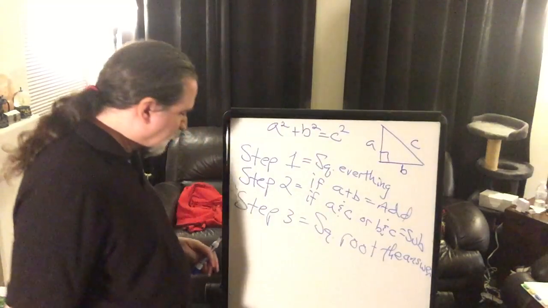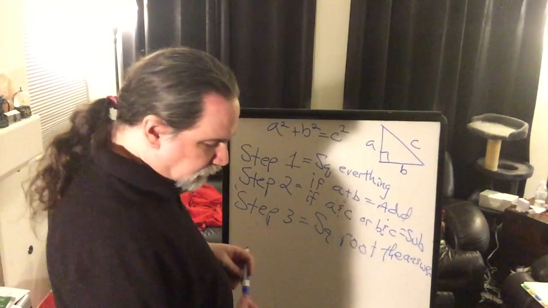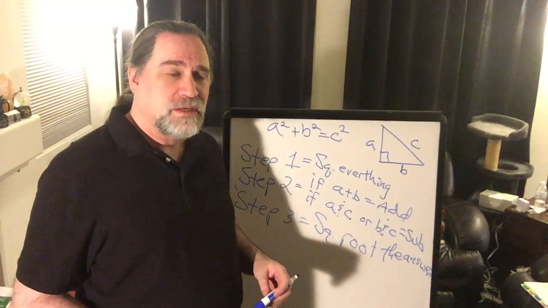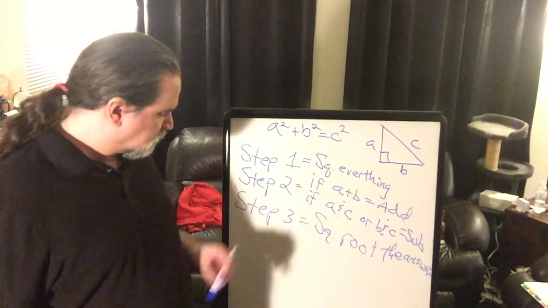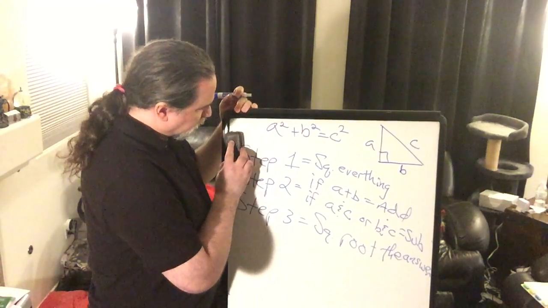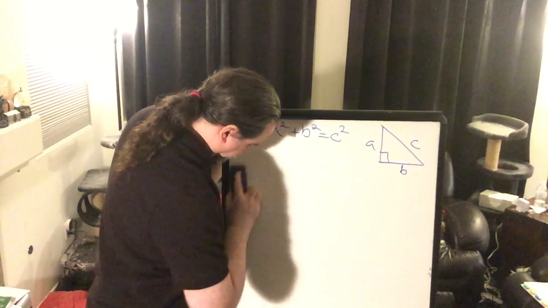Okay. I want to show one more example, I think, with kind of a weird measurement. But I am going to erase this, so hopefully this is set in. And if not, you can just rewind it and look at it again.